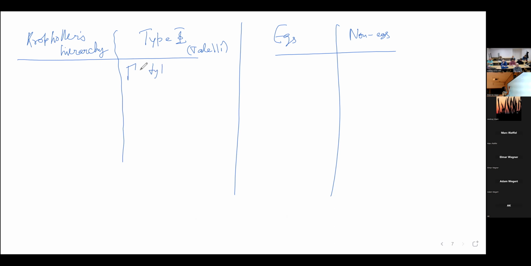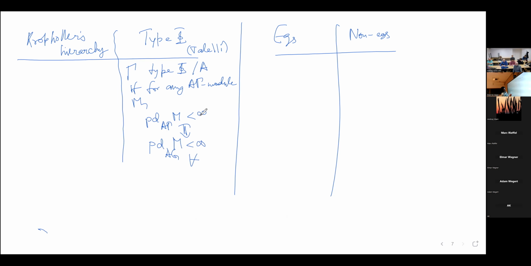Gamma is of type phi over A if for any A gamma module M, the projective dimension of M is finite, if and only if the projective dimension of M as a restricted module over any finite subgroup is finite, for all. And the class is denoted by F phi A.